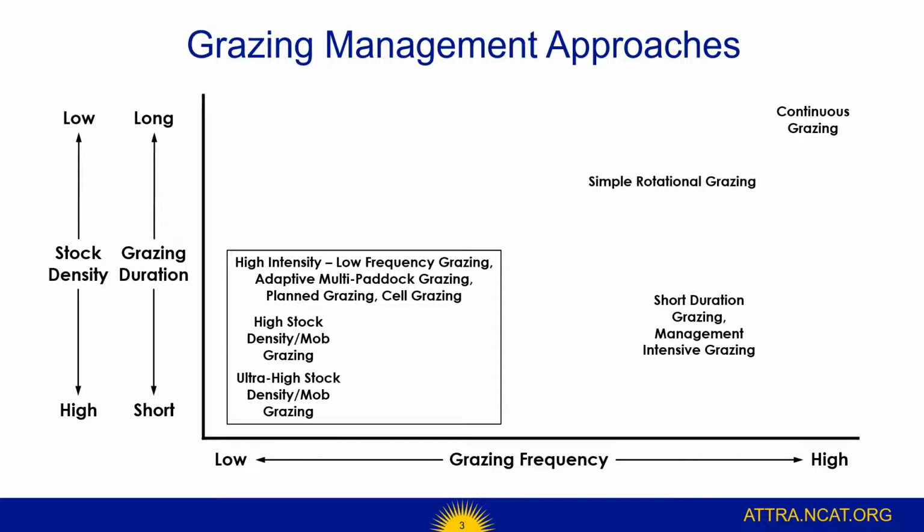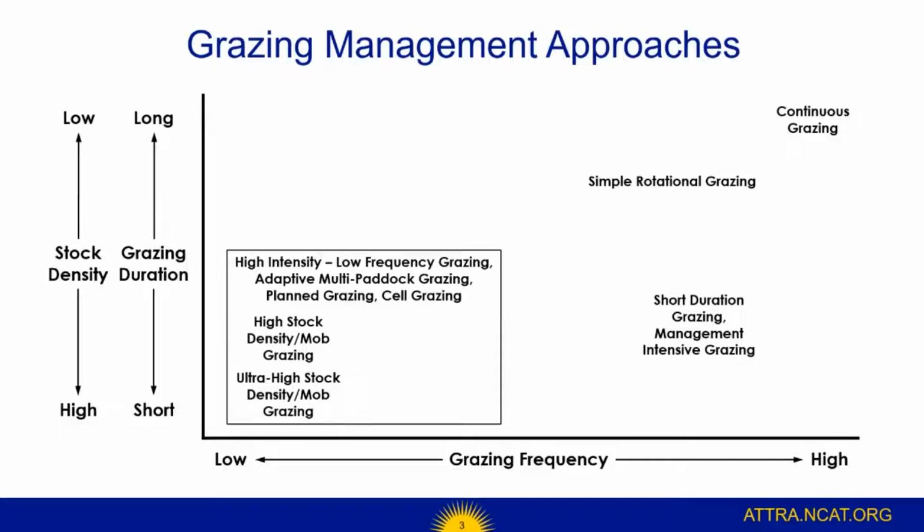I also put on there stock density on that vertical axis, which measures how close livestock are to each other. The closer livestock are to each other, the higher the stock density, right? And that generally correlates with a shorter grazing duration.